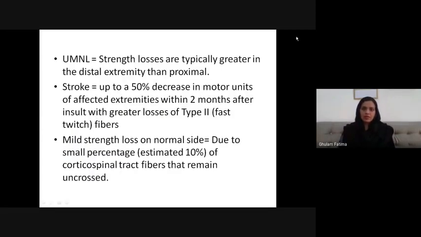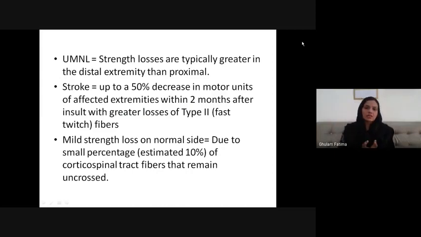There are further facts and figures I would like to discuss at this point. In upper motor neuron lesions, which most of the time means spastic paralysis, the greater loss of strength is in the distal extremities, meaning your hands will be more affected as compared to your shoulders. Moreover, in stroke patients, it has been seen that within 2 months of the event there is almost a 50% decrease in the motor units.